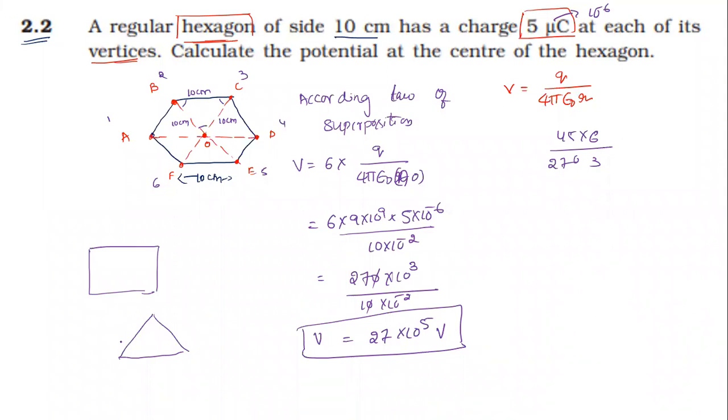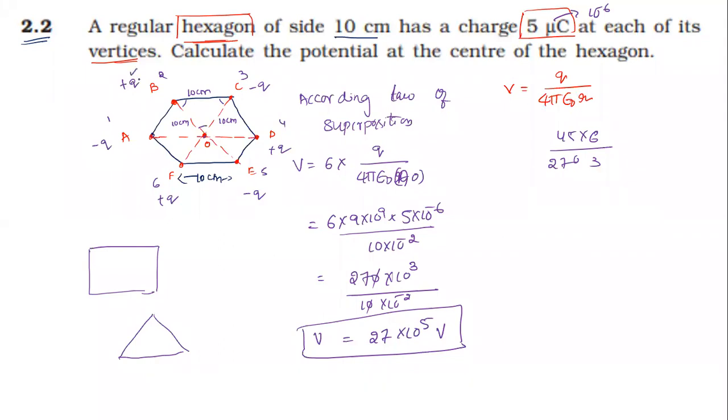Sir, what if in the same question, A has minus Q charge, B has plus Q charge, C minus Q, D plus Q, E minus Q, and F plus Q. What will be the potential at the center if they give this combination? See, the net potential at the center will be 0.